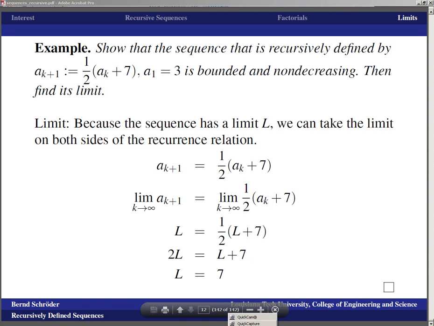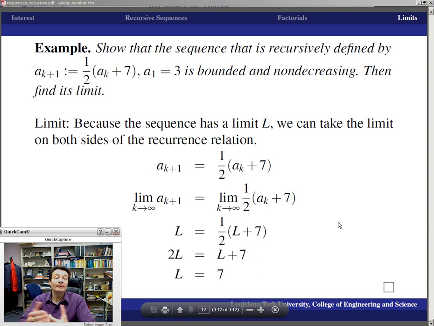Now it is rather tempting to say, hey, I can just do the computation anyway, and that will give you a number, and if everything else is well defined, then the number will be the limit.